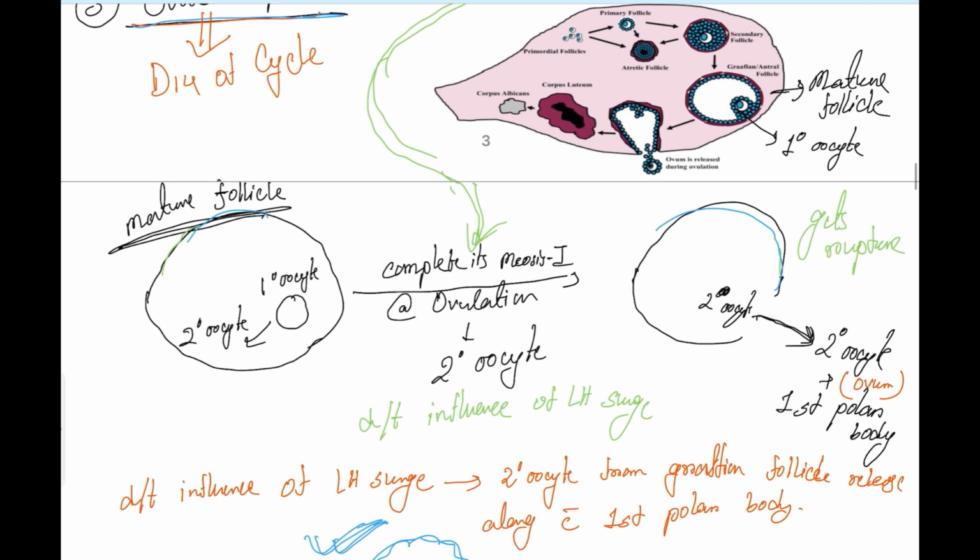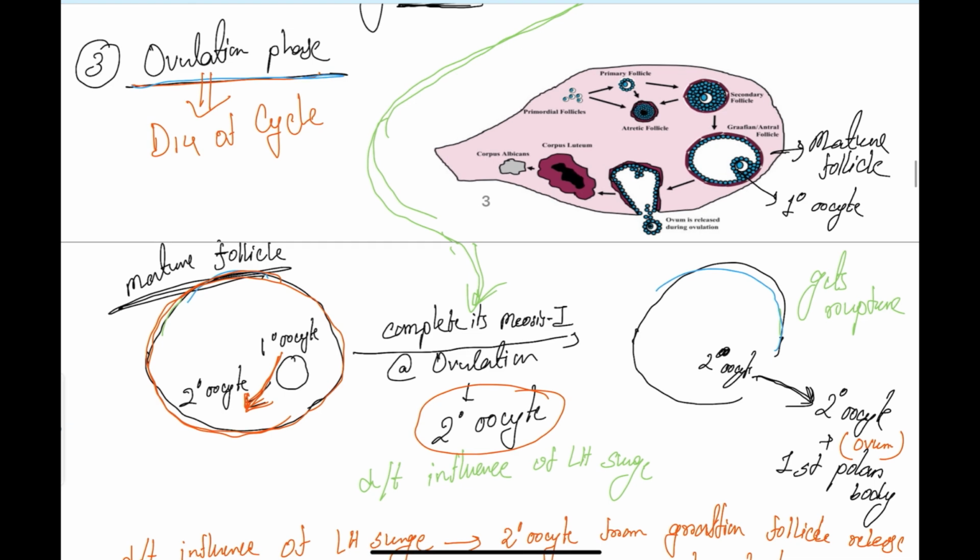At that stage, this mature follicle ruptures and releases the secondary oocyte. Inside this mature follicle, primary oocyte turns into secondary oocyte. This secondary oocyte is nothing but ovum. So releasing of ovum from mature follicle on day 14 of menstrual cycle is called ovulation.